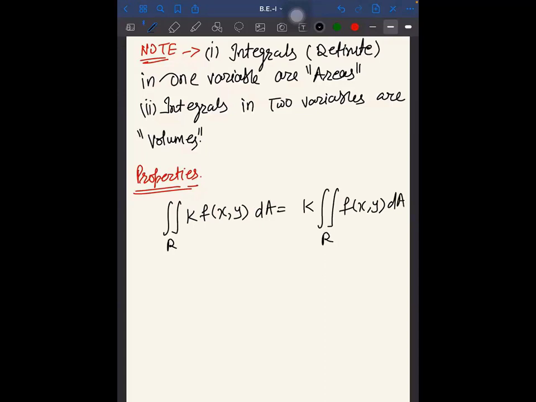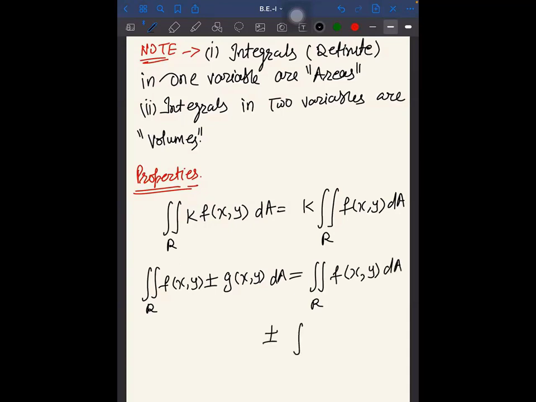That constant can be taken outside. Secondly, if you are adding or subtracting two functions, then you can separate those integrals and distribute over addition, again the thing which we used to do in one dimensional variable. Is it fine?